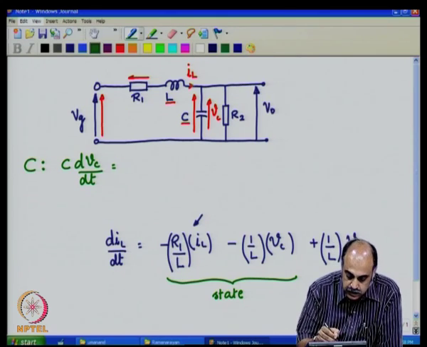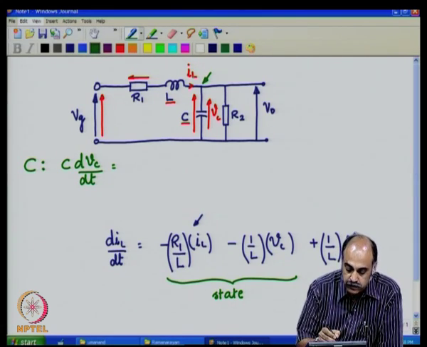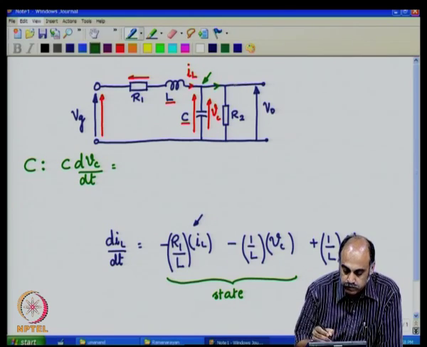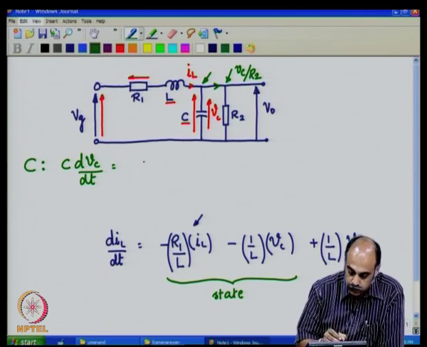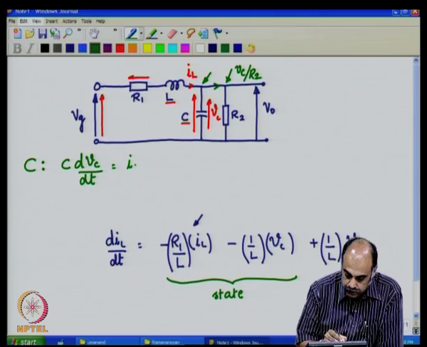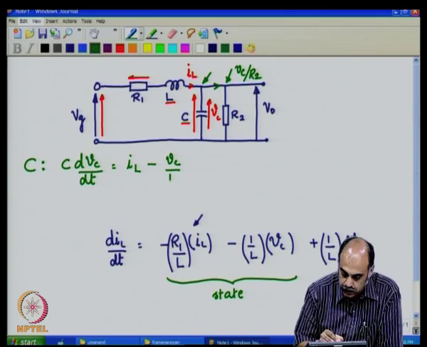Now, the current through the capacitance at this summing point is the difference between IL and the current that goes into the load R2, and this current which goes into the load R2 is nothing but Vc, the state variable, by R2. So, therefore, this is nothing but IL, a state variable, minus Vc by R2.